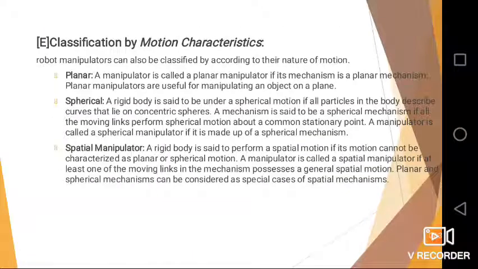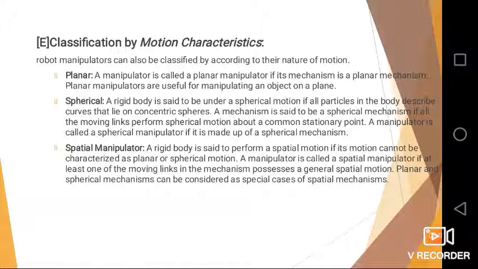Classification by motion characteristics. Robot manipulators can also be classified according to the nature of the motion. Planar robot. A manipulator is called a planar manipulator or robot if its mechanism is a planar mechanism. Planar manipulators are useful for manipulating an object on a plane. Spherical robot.